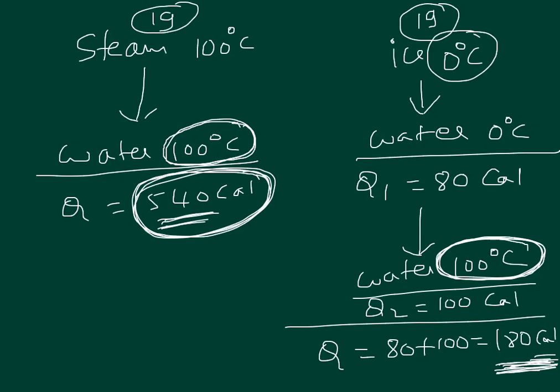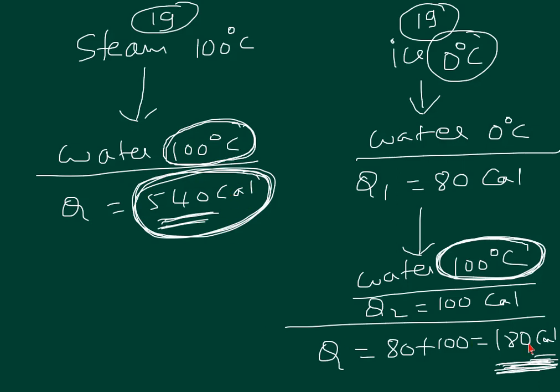That means you have to understand that for 1 gram of ice at 0 degrees centigrade to reach water at 100 degrees centigrade, the energy required is only 180 calories. If 1 gram of steam at 100 degrees centigrade is converted to water at 100 degrees centigrade, it will provide 540 calories.